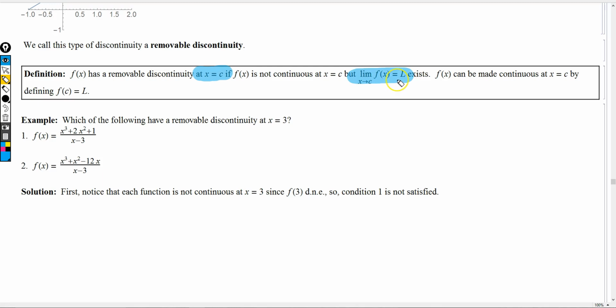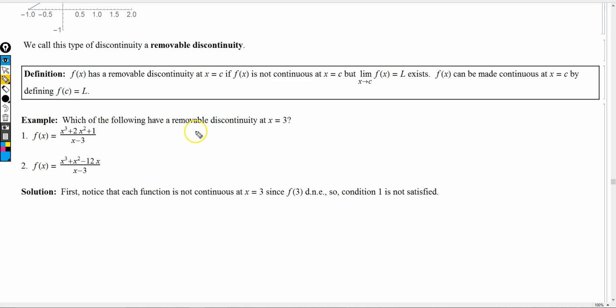So if our limit exists, but the function's not continuous, then we say it has a removable discontinuity, and we note that f of x can be made continuous at x equaling c by redefining f of c to be L, which is what the limit is. Alright, so that's how f of x could be made continuous, and that's exactly what we saw up here. So let's take a look at these examples.